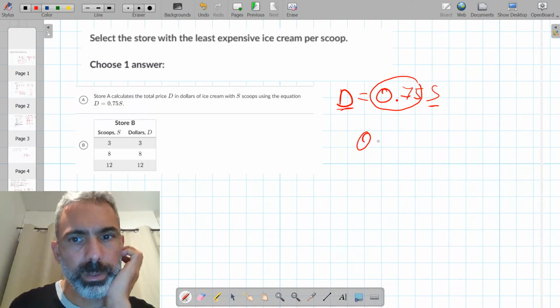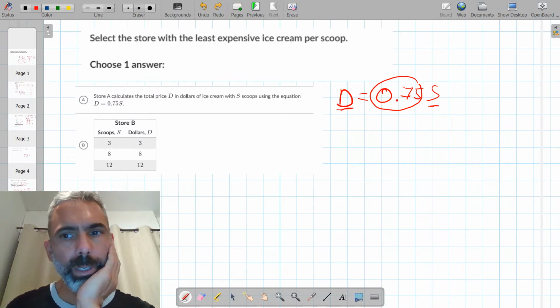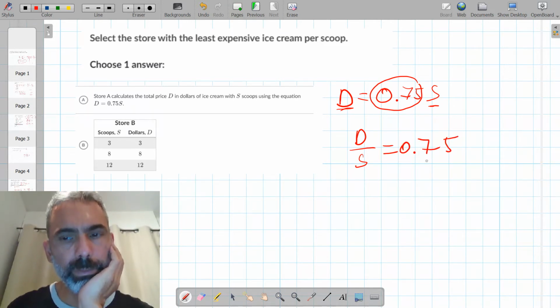Okay, 0.75. If I divide both sides of the equation by S, I get dollars per scoop equals 0.75, 75 cents.